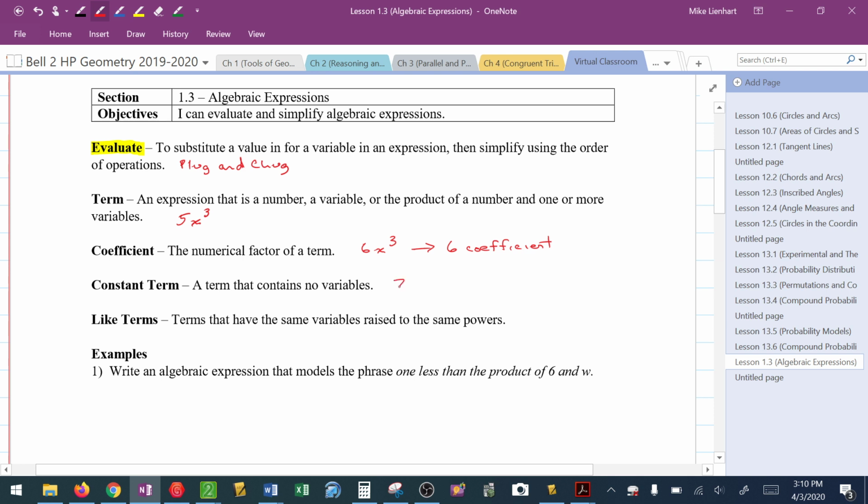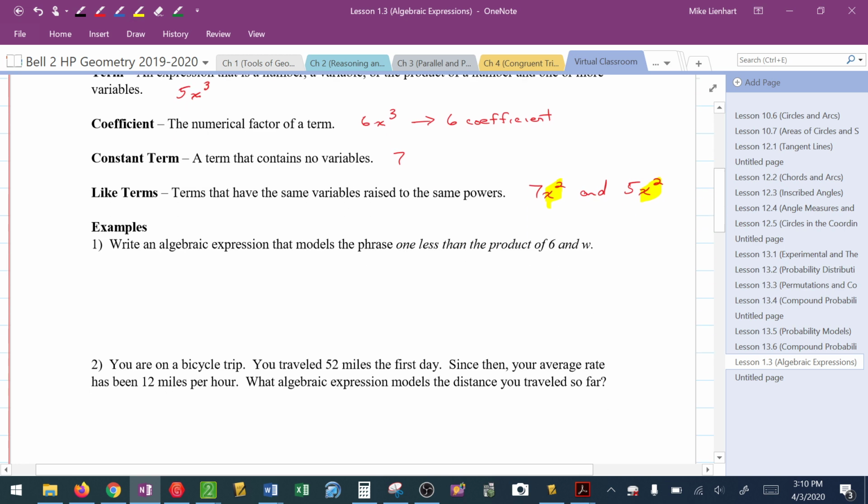So, something like 7. All right, and then like terms are terms that have the exact same variables raised to the exact same powers. So for instance, 7x squared and 5x squared would be considered like terms because they both have identical variables.